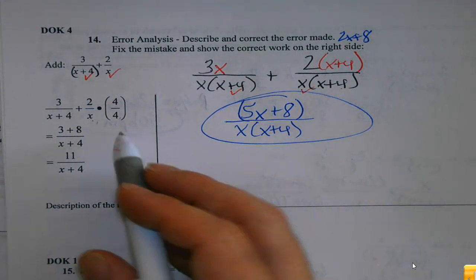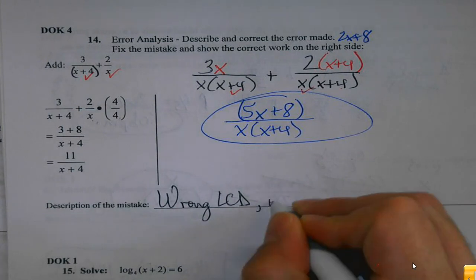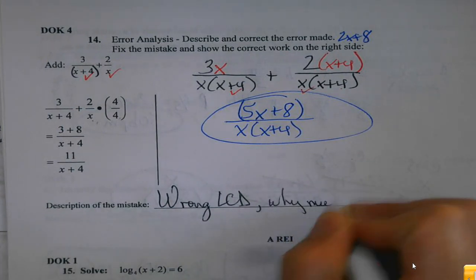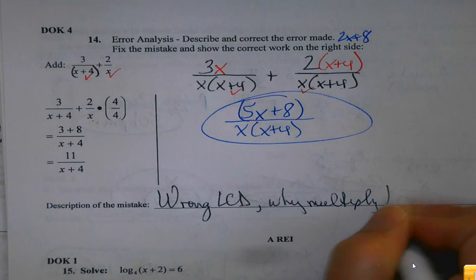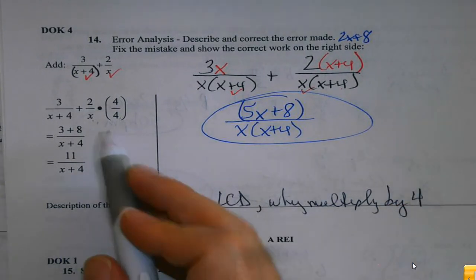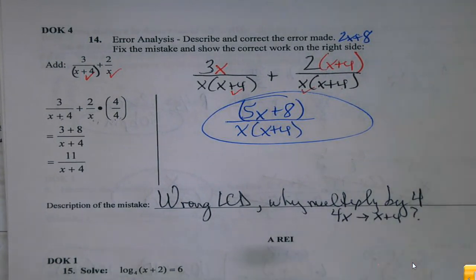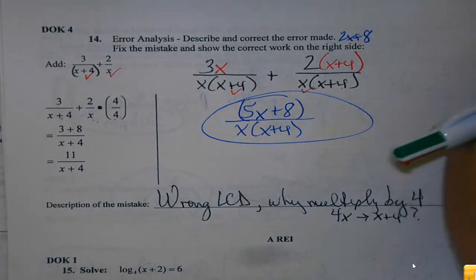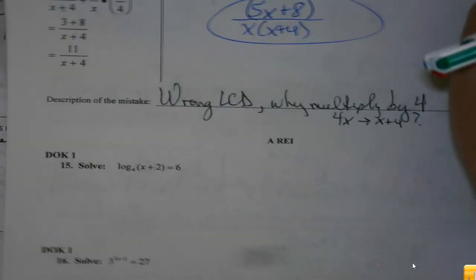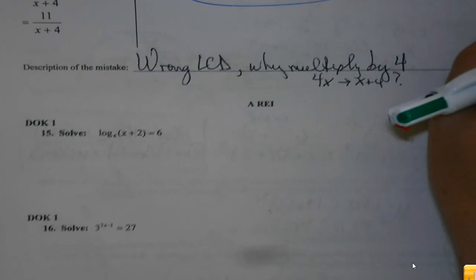I mean, you could say, why multiply by 4? Because even if you did, that's 4x. 4x and x plus 4 aren't the same thing. Okay, there's lots of ways you can tell me that there's a boo-boo that they made. So just find one, okay, and get that in there. But again, the main thing there is that you're going to show me you know how to do it right.